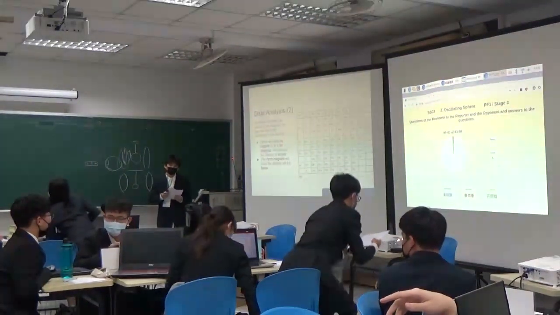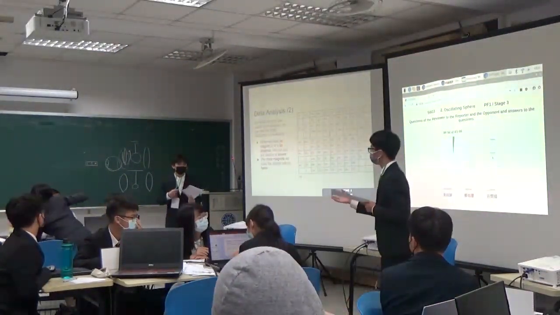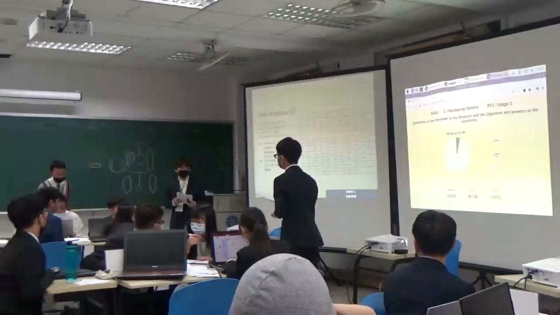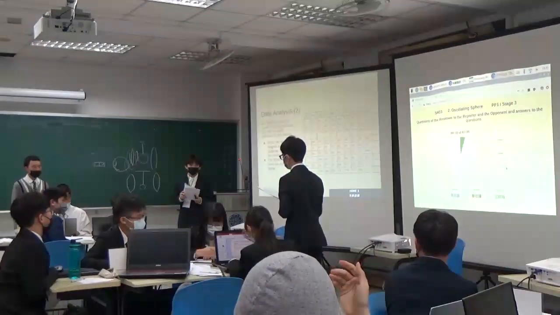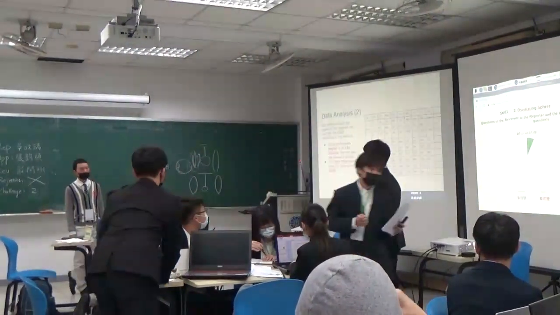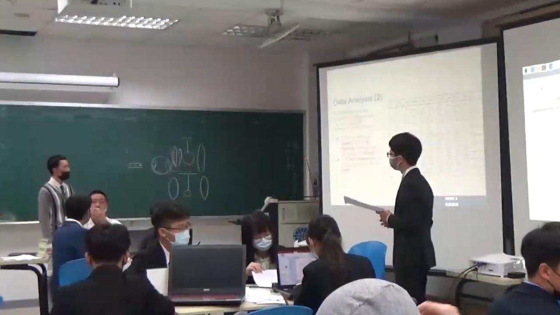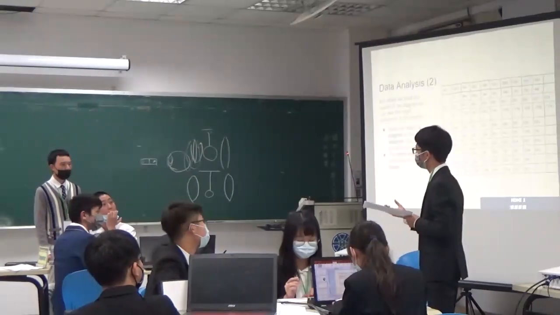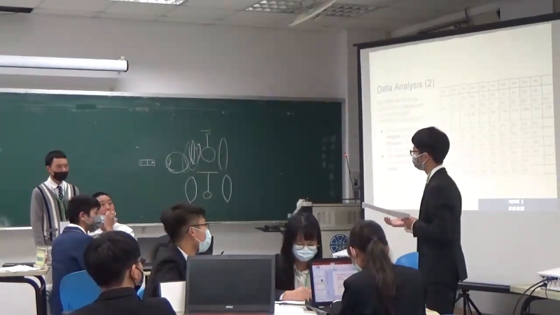10 minutes for the reviewer. So for both the reporter and the opponent, what are the forces that act on a sphere without a magnetic field? I think if you consider air distance and the torque of the wire, the torque of the wire is the force that causes damping.